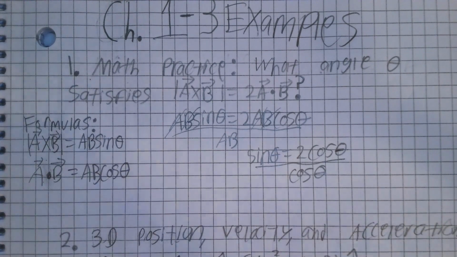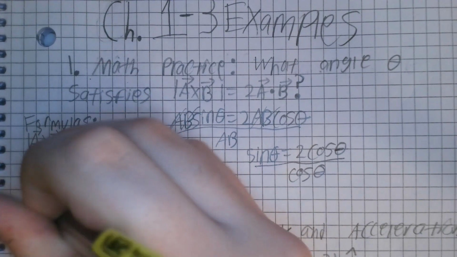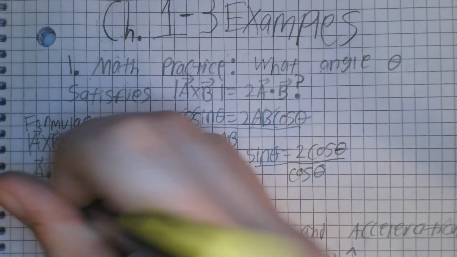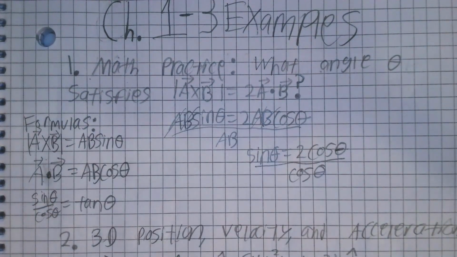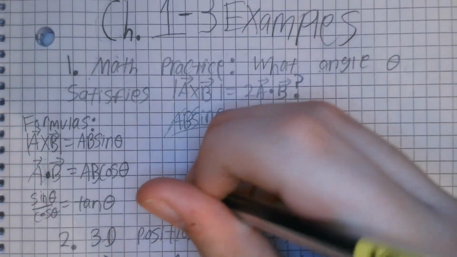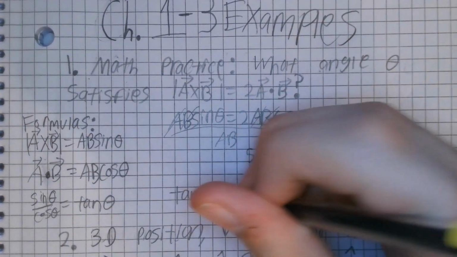And sine theta over cosine theta equals tangent theta. So I guess we could add that to our formulas here. All right. So now I have tangent theta equals 2.